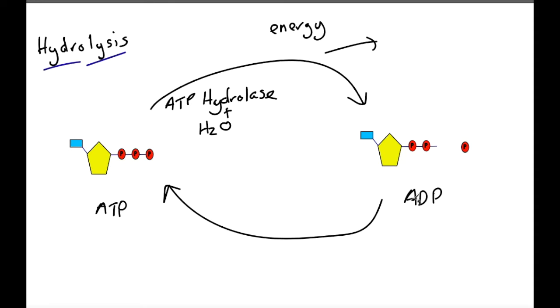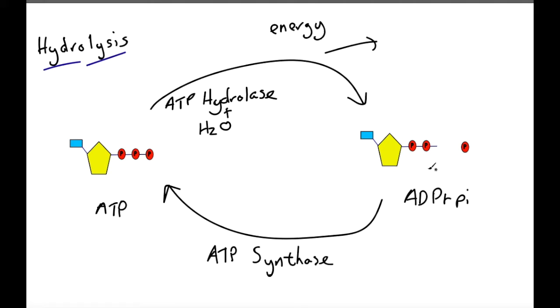Now you've got your ADP plus your P, okay? These now need sticking back together, so wherever it's gone in the cell, it does its thing, releases energy, and then it goes back down, and another enzyme called ATP synthase basically sticks this together.